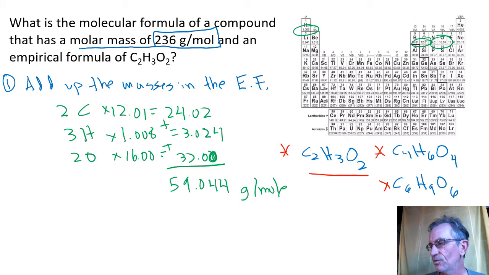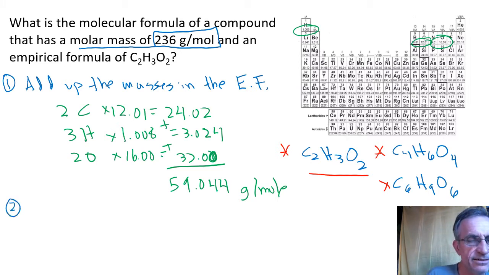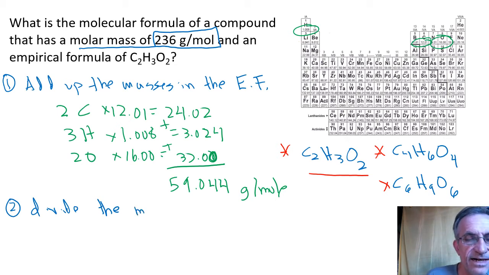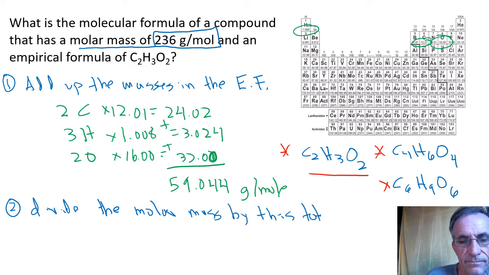Now what we're going to do with that is divide the real weight of the atoms. What do we call the real weight of all the atoms? Oh, the molar mass. Divide the molar mass by this total to determine the multiple.